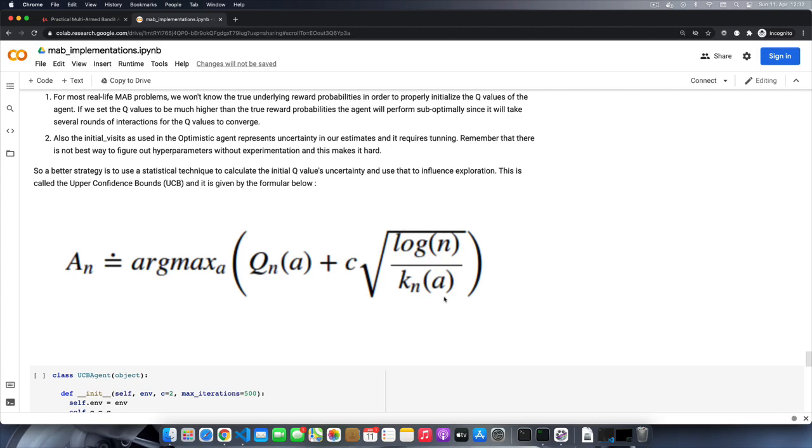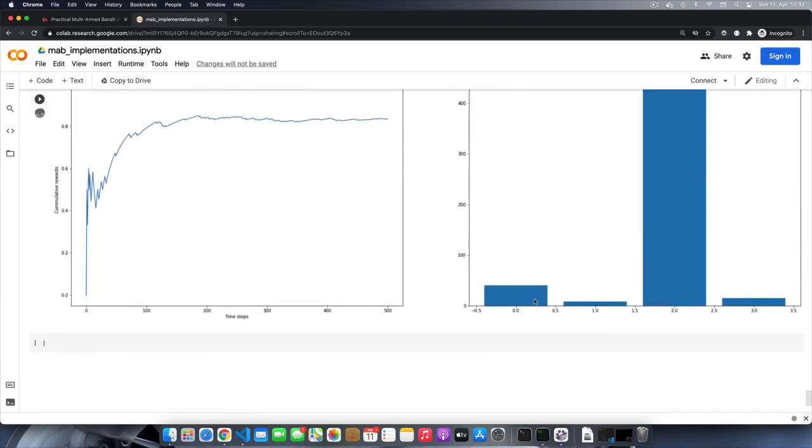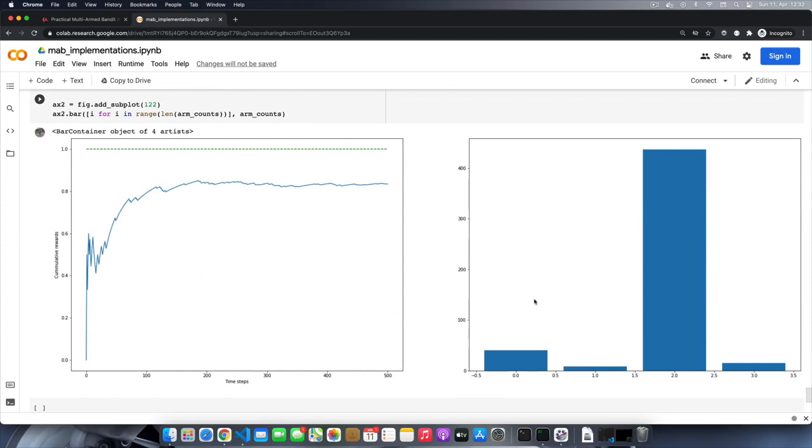And so it includes a measure of uncertainty for each of the Q values that have been learned, and that goes to affect how it behaves in the environment. And once again, we're able to see that the agent learns the best arm to pull, and it also samples the other arms a number of times.